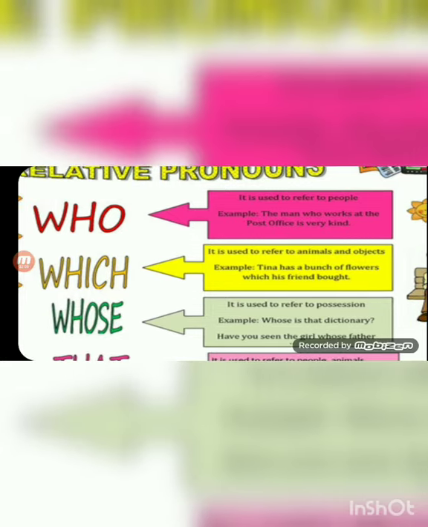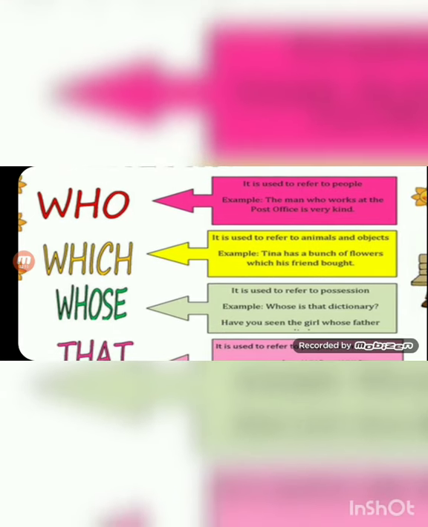Now how do we use the word which? It is used to refer to animals and objects. For example, Tina has a bunch of flowers which his friend brought. Now, whose? It is used to refer to possession.